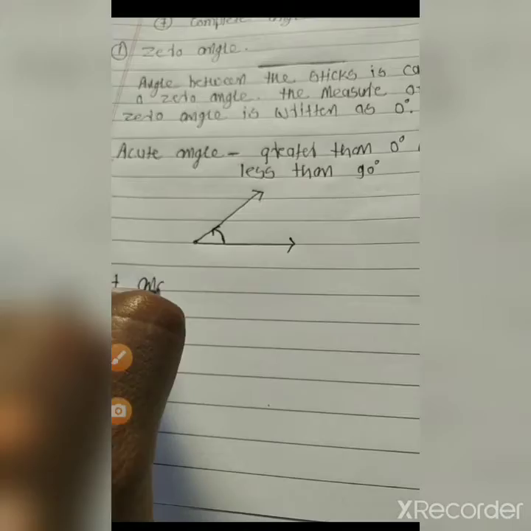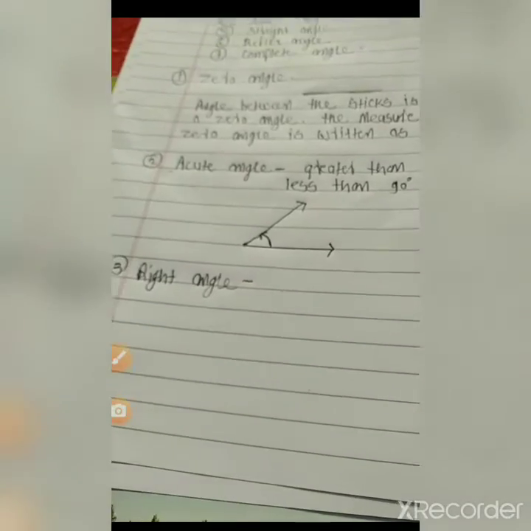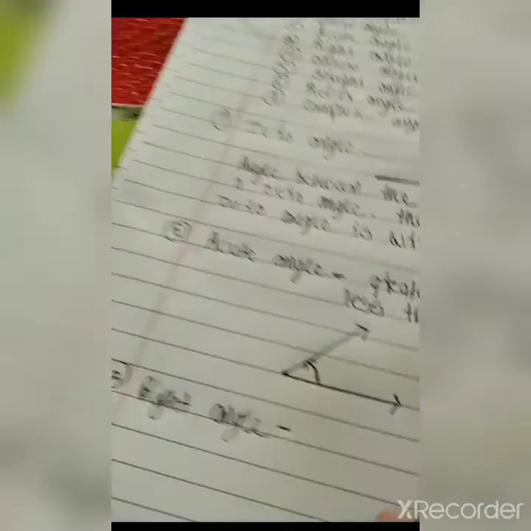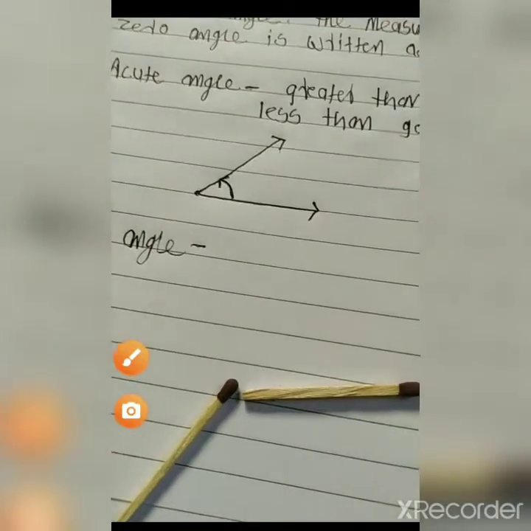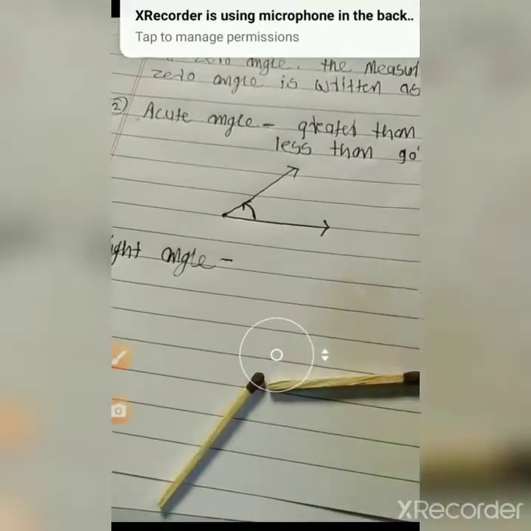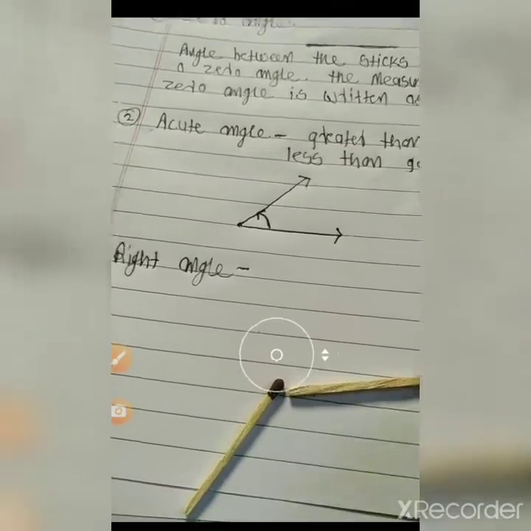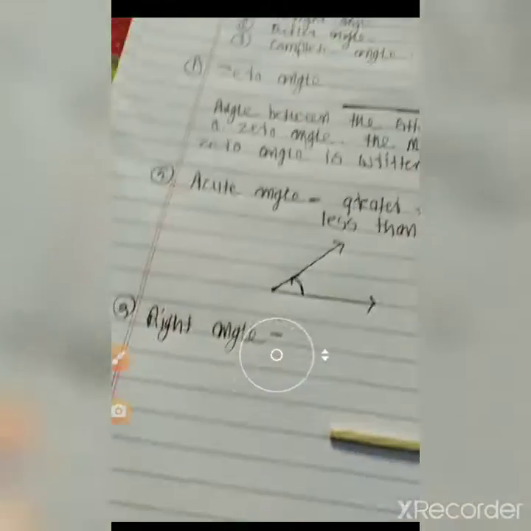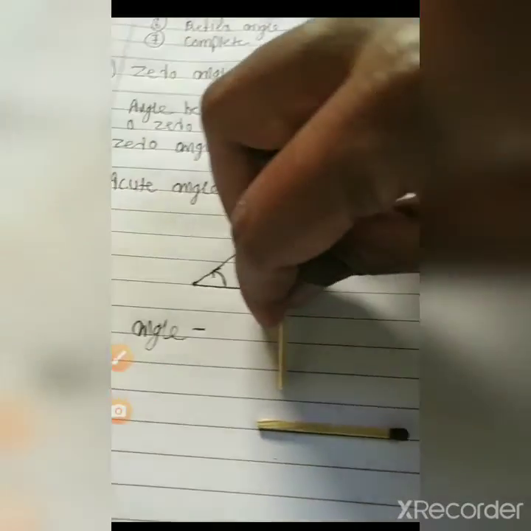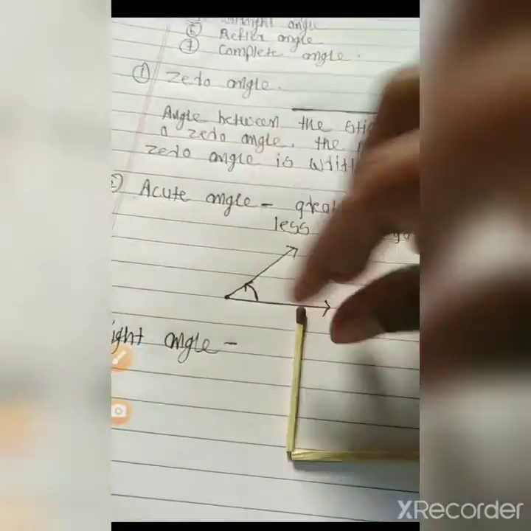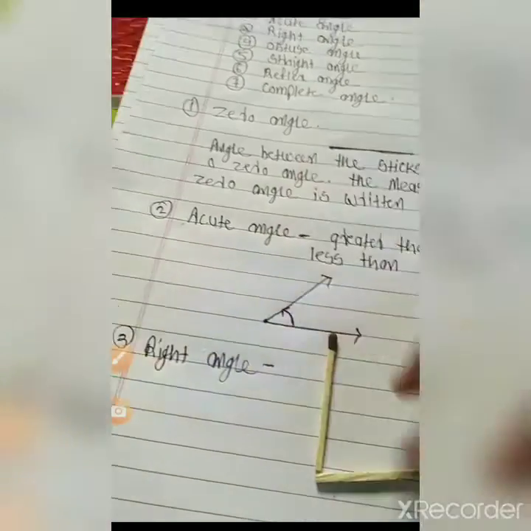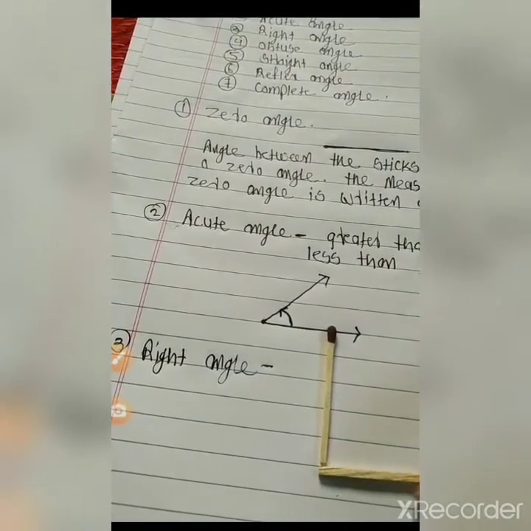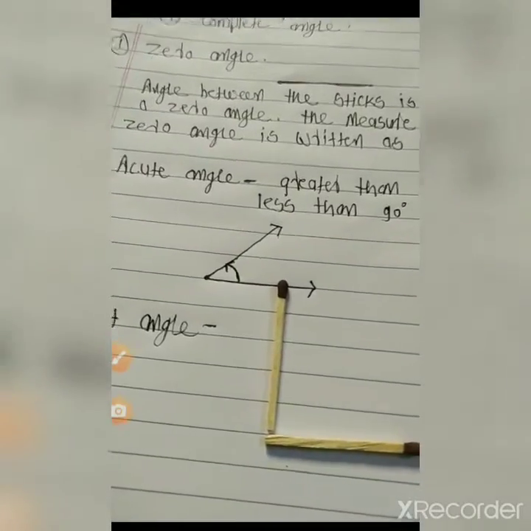Take two sticks and put one stick as it is, and the second stick like this. Then measure the angle between the two sticks.